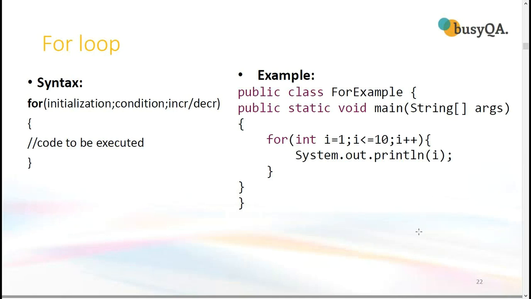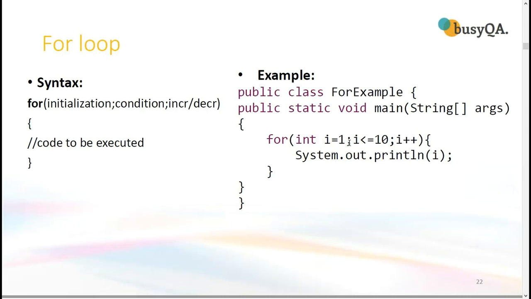And let's break it down. Let's see what we're trying to do. So the for loop has 3 statements inside of the syntax. The first statement is what we call the initialization, which is your starting point. Where do you want to start? So you're saying, well, I want to start by making i equal to 1.